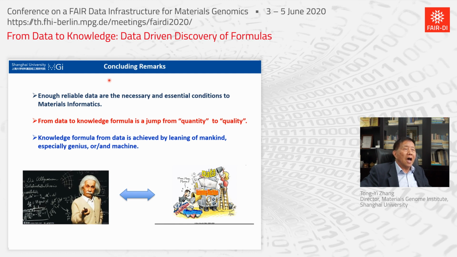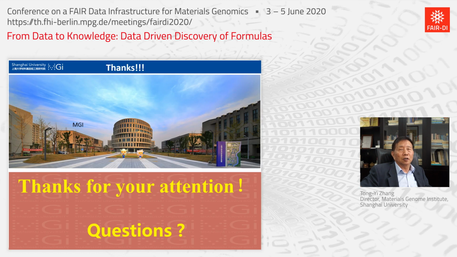From data to knowledge formula is a jump from quantity to quality. Knowledge formula from data is achieved by the learning of mankind, especially genius like all of you, and by machine learning. We have to combine them together.